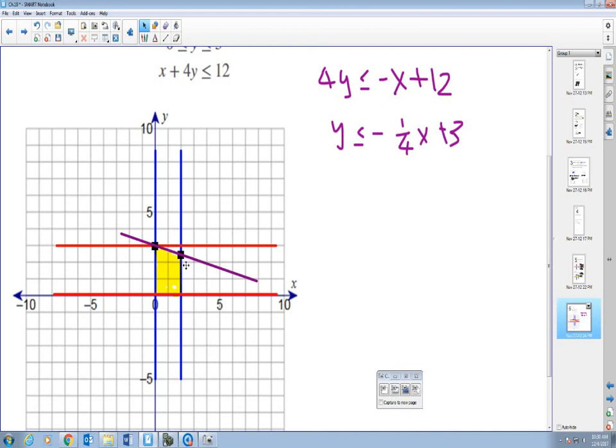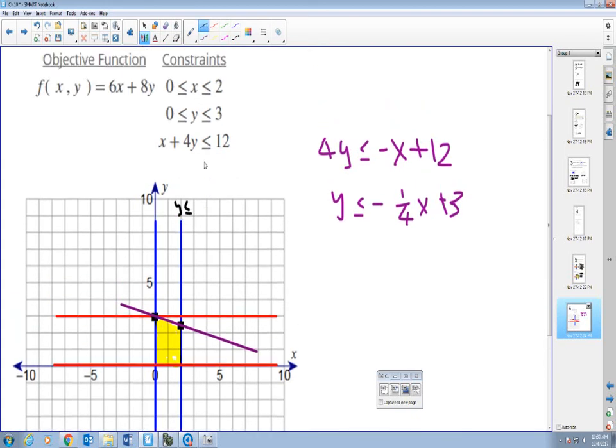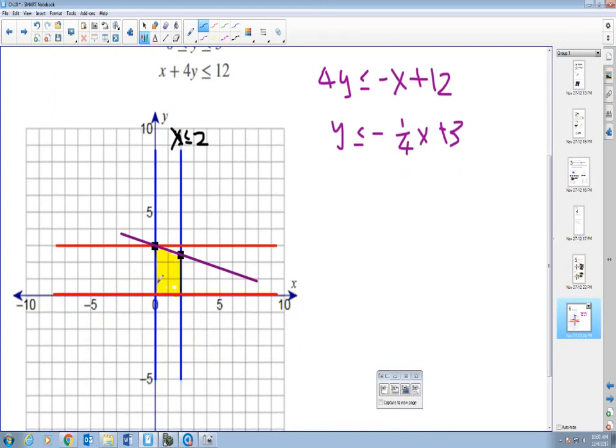That point is actually the intersection between the purple and the blue, and this blue line is x less than or equal to 2. So what is that point of intersection? This is where it's hard, because you cannot graph a vertical line in the graphing calculator.